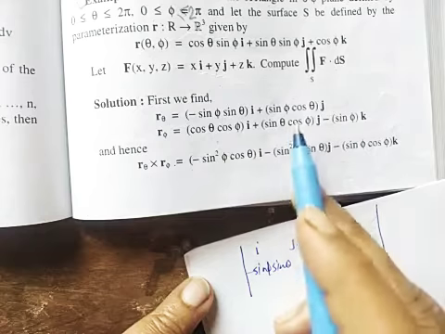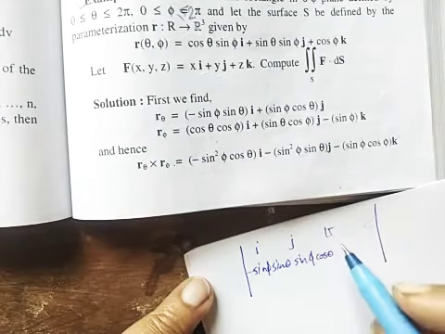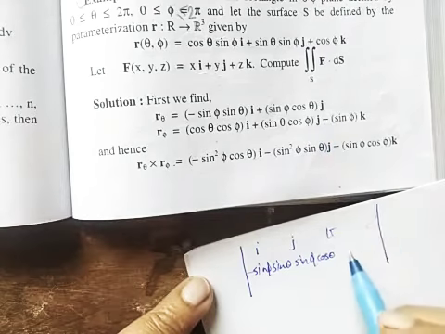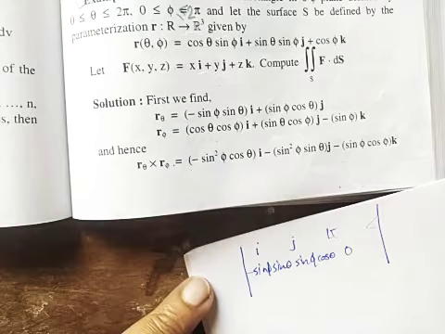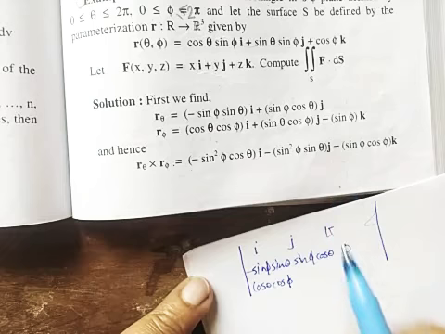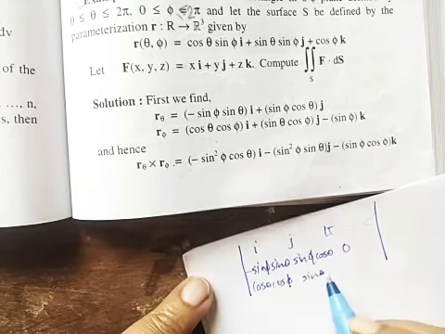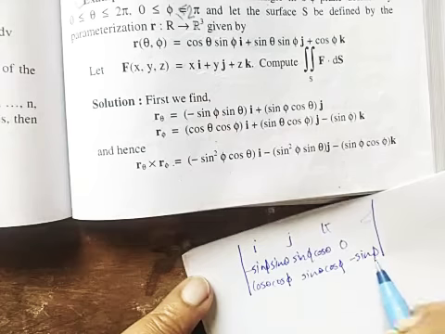Coefficient of j is sin phi cos theta, and coefficient of k here is 0. And here, coefficient of i is cos theta cos phi, coefficient of j is sin theta cos phi, coefficient of k is minus sin phi.